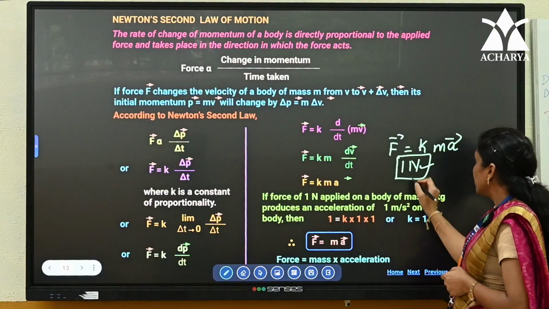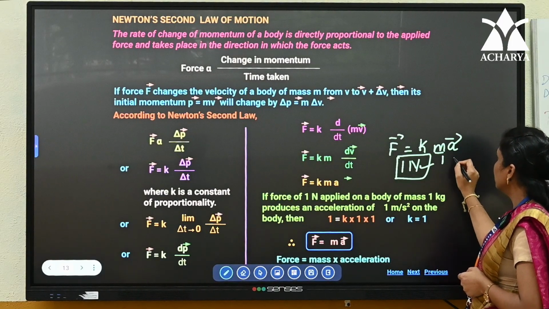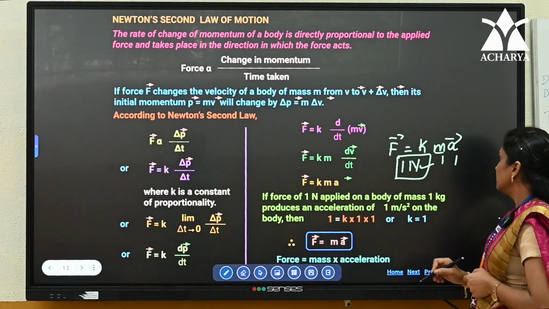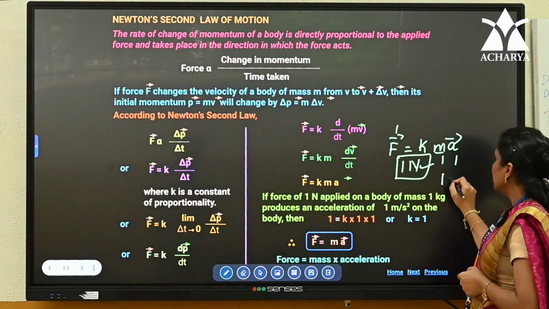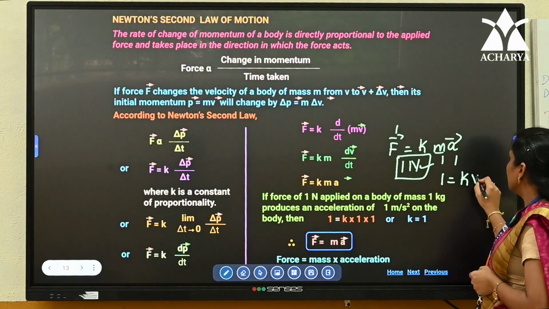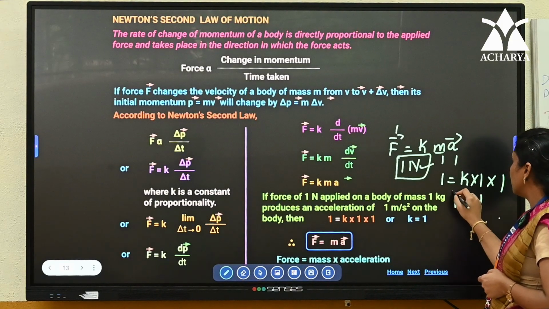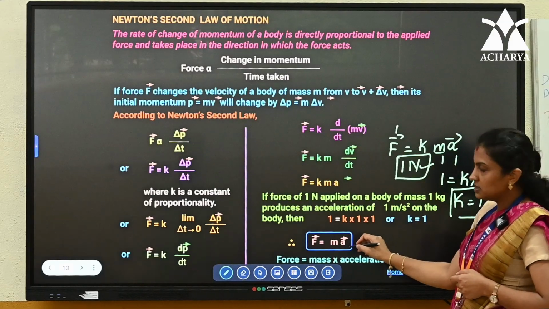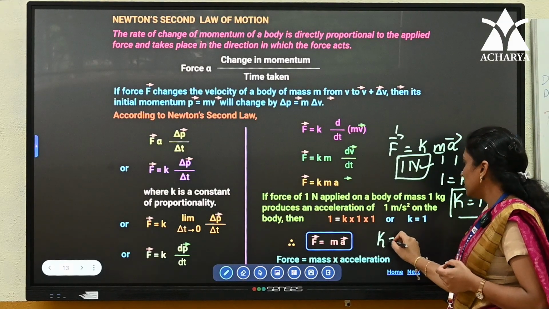So you can just apply: mass is 1 and acceleration is 1, then force is also 1. Then 1 is equal to K into 1 into 1. So what is the answer? K is equal to 1. So what is the proportionality constant in Newton's second law? The proportionality constant value is 1.